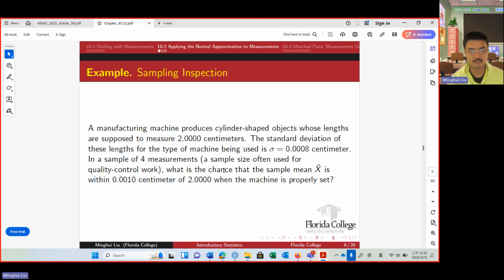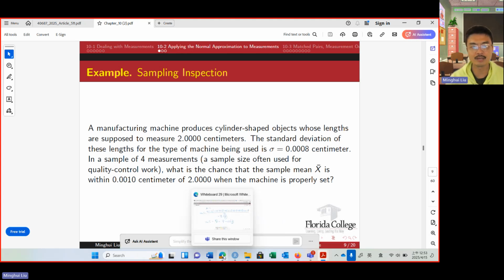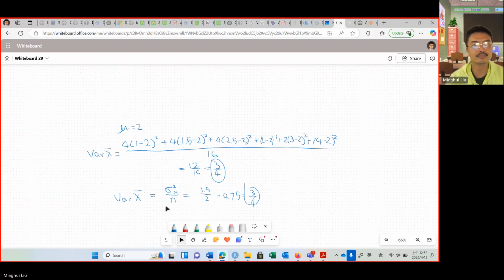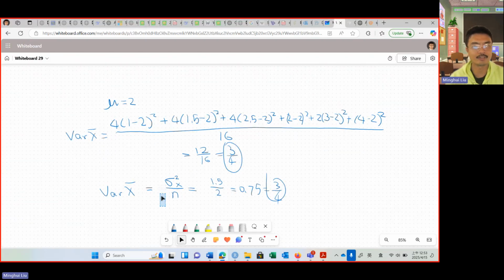What is the chance that the sample mean x bar is within 0.0010 centimeter of the 2? Or in other words, what is the chance that the sample mean is within 2 plus or minus 0.001? In order to answer this question, we calculate the sigma of x bar. This is of course a separate problem.